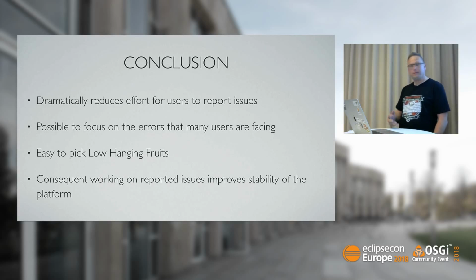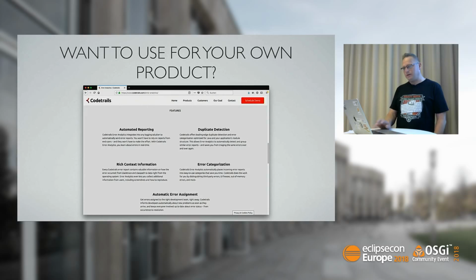So, yeah, I think I'm through here, and just to mention, this is actually something that you can also use for your own product. You would be interested. It's not a product of ours from itemis, it's from CodeTrails. I'm making some advertisement in their direction, but Eclipse is about collaboration.